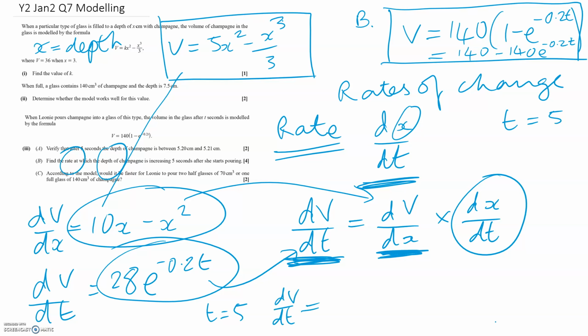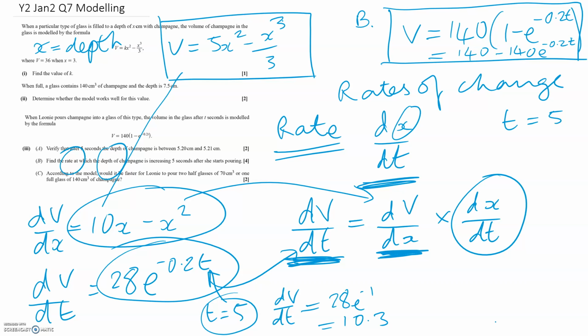So if we put t equals 5 up there, that will be 28 times e to the minus 1. If you type that into your calculator, you should get 10.3.